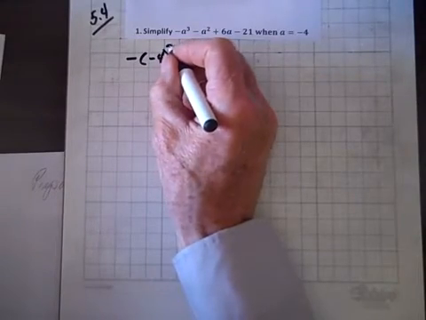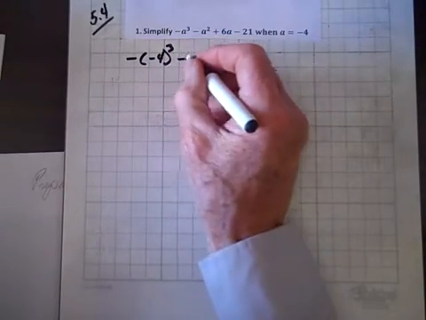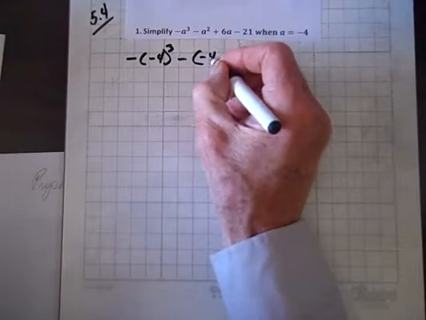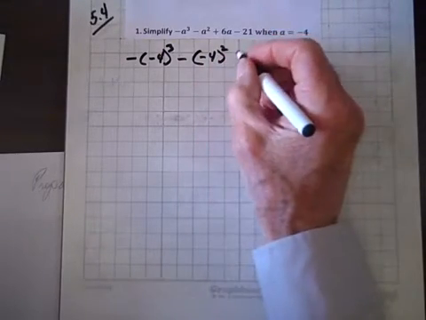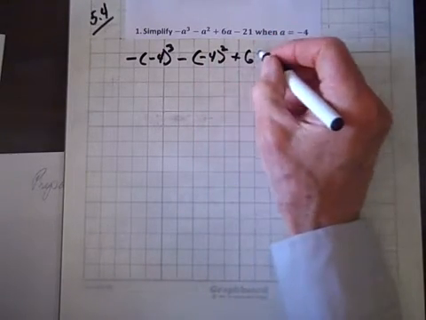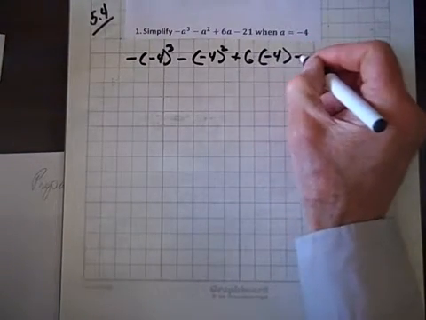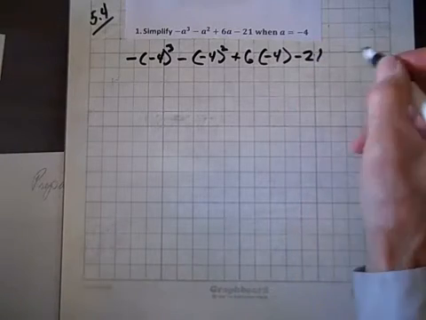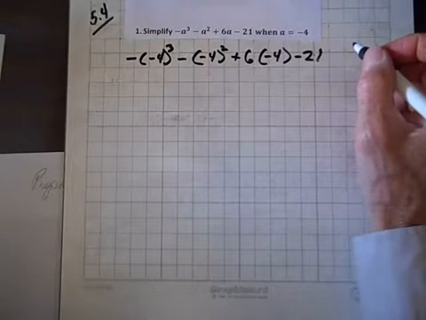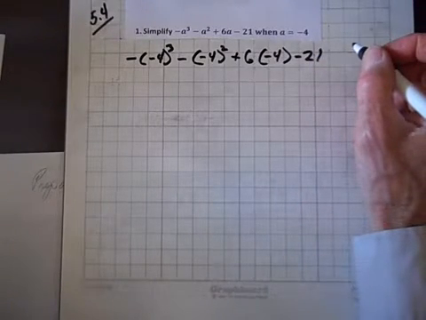So we've got -4 cubed minus -4 squared plus 6 times -4 minus 21. Now, I want you to keep something in mind.